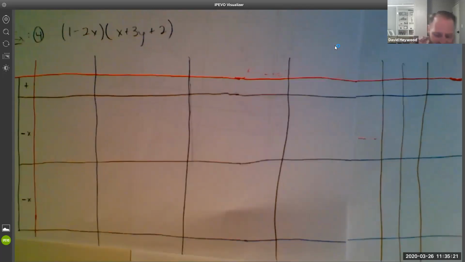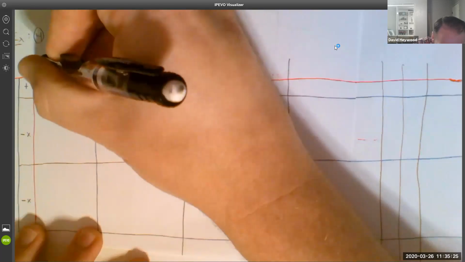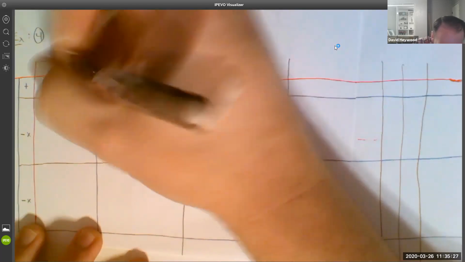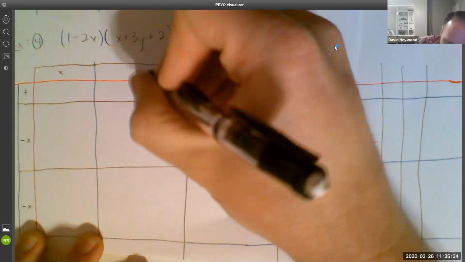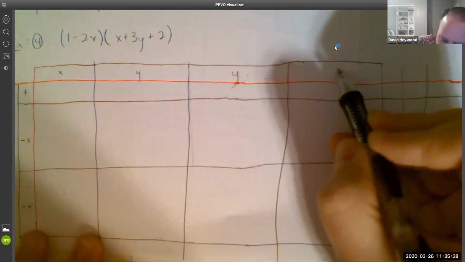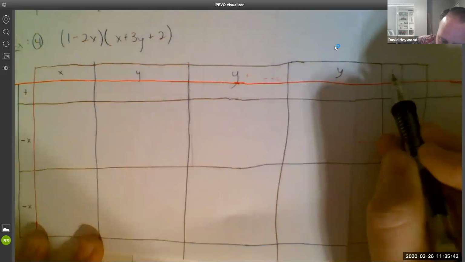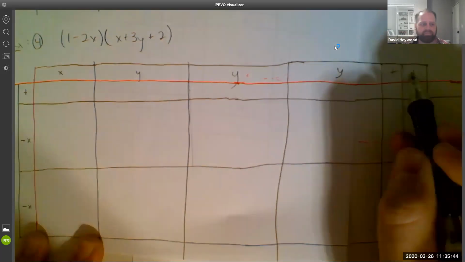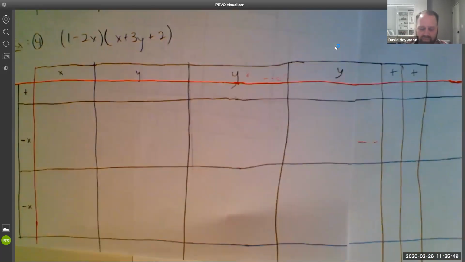Okay, so I've got x plus 3y. So y, and then 2. All right, so now all that's left is for you to figure out what these tiles are, right?